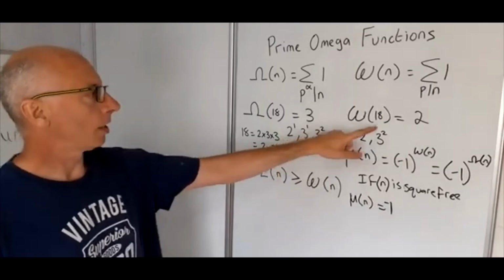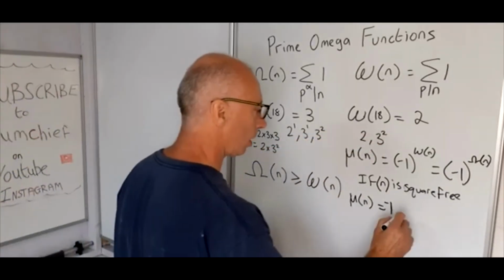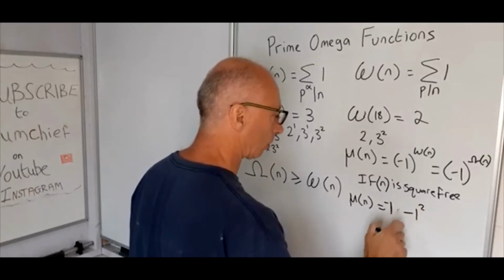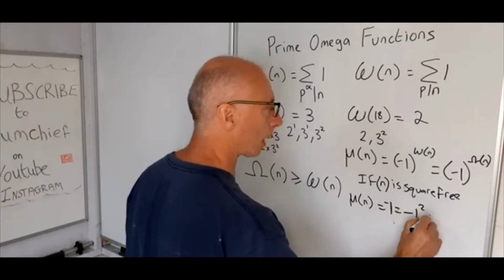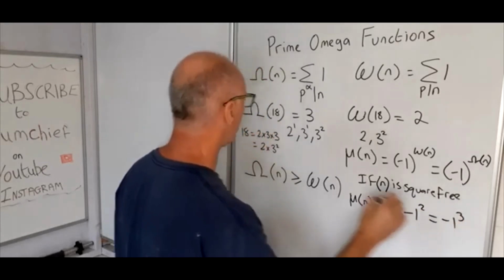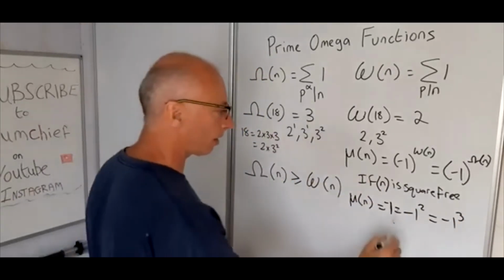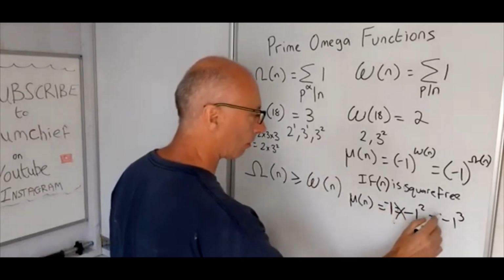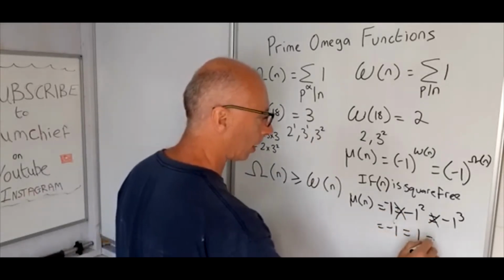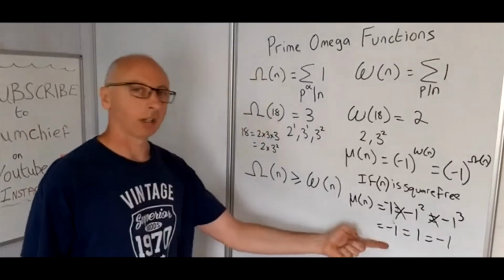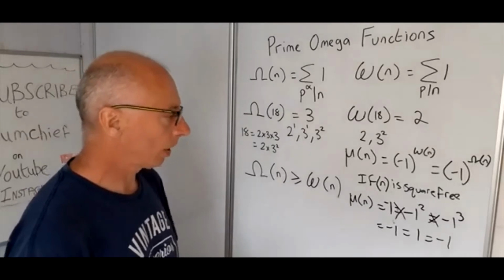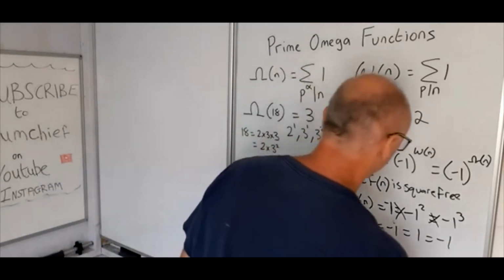So lowercase version is 2, so minus 1 squared, which equals the uppercase version, which is minus 1 cubed. This is not a valid identity because we would have minus 1 equals 1 equals minus 1. Obviously this is not making any sense.